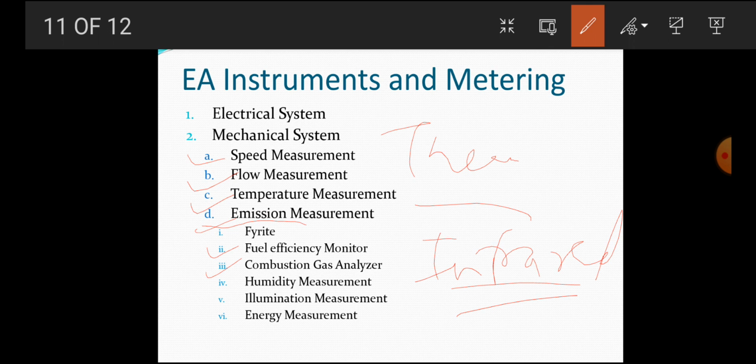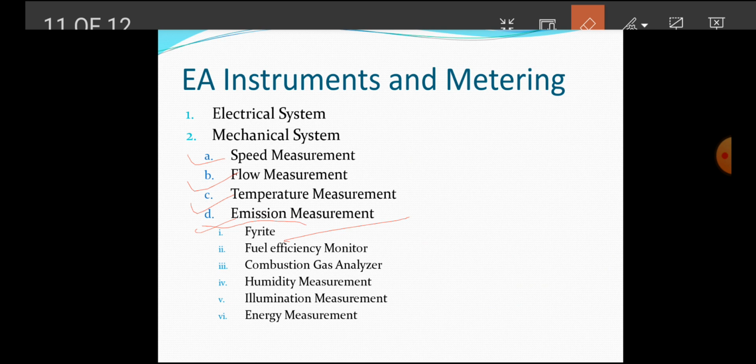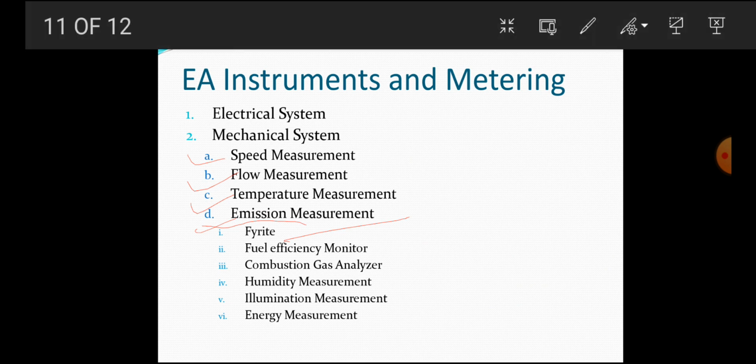So first we will see fire rate. Fire rate works on Orsat's method of volumetric analysis. It measures oxygen and carbon dioxide on its scale, how much is O2 and CO2.